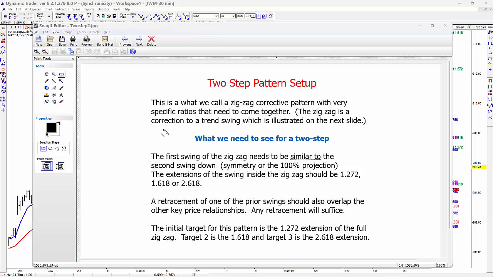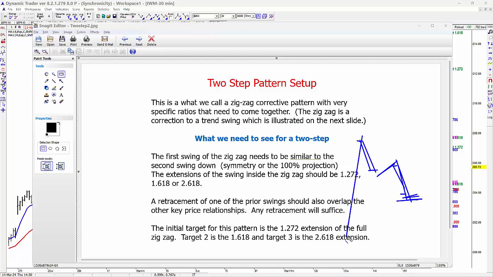It's a two-step zigzag corrective pattern with very specific ratios that need to come together. The first swing of the zigzag needs to be similar or equal to the second. That's where we use the 100% projection. Then the middle part of the zigzag needs to give us a 1272, a 1618, or a 2618 that overlaps near that 100%.